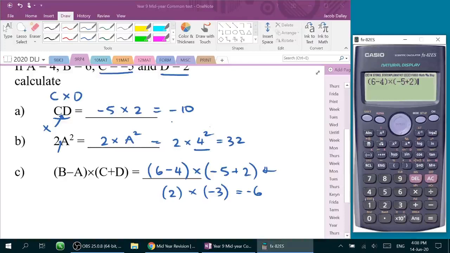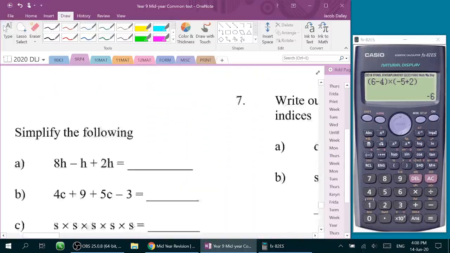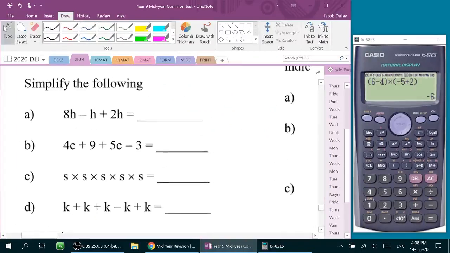That's exactly as we have it here. Just hit equals, we get negative 6. It's the same. So your calculator does all that BEDMAS for you, as long as you get everything in the correct spot. So just double check to make sure you've got your numbers in the right place. Alright, moving on.